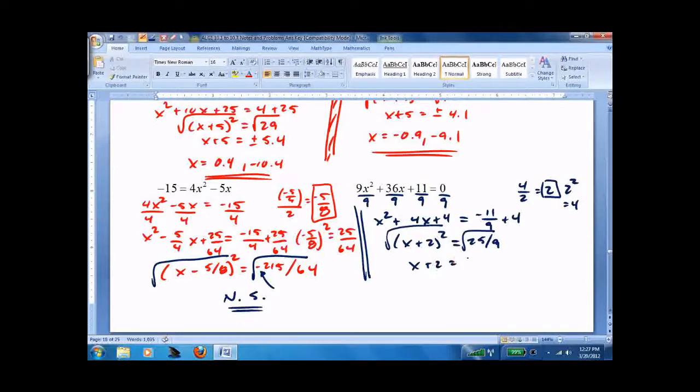X plus 2 equals plus or minus 5/3. X equals negative 1/3. Did it again. Negative 11/3. Those last few are probably a little bit off the chart, but if you understand how to get through them, you'll be fine. Good luck.